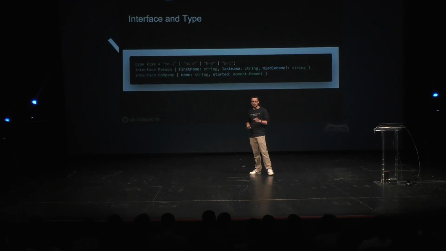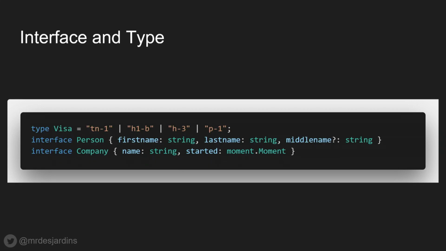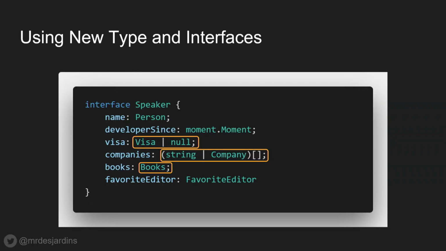Interface and types, those two keywords are used not only for object-oriented scenarios, but also to define the structure of my object. So I can use one or the other. There's a little bit of difference between both of them. I'm not going to go into detail here, but what I'm going to say is that it has two purposes. First of all, I can make it cleaner. So my object here does not have to have those curly bracket objects within the object.